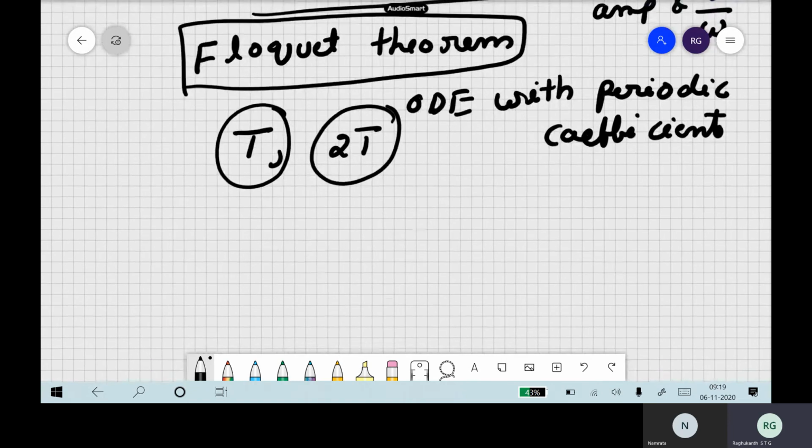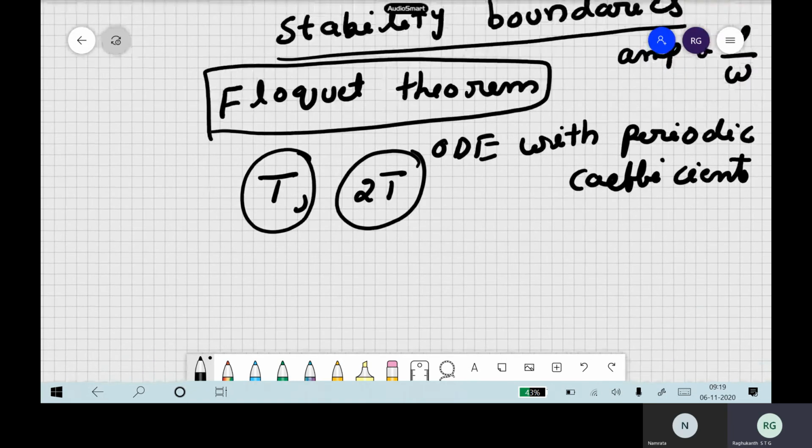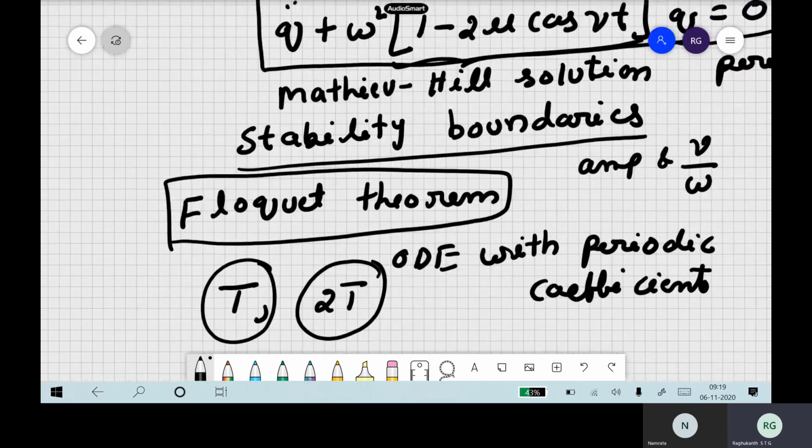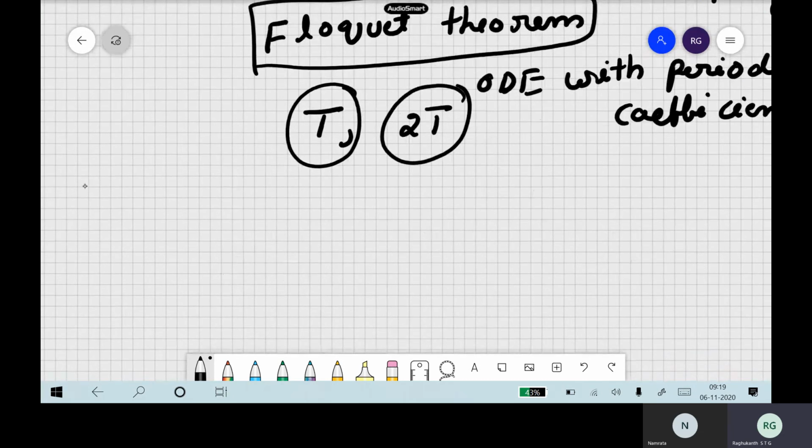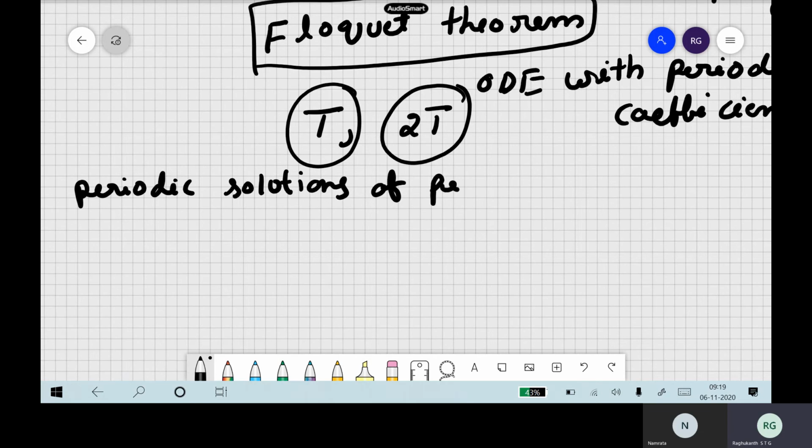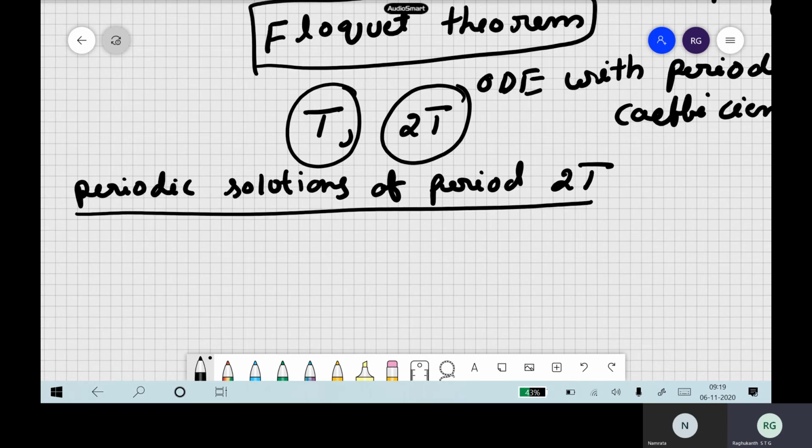Let us look at these solutions, and as already said, our aim is to find the periodic solution with 2T.